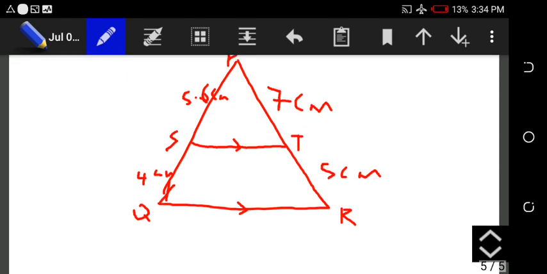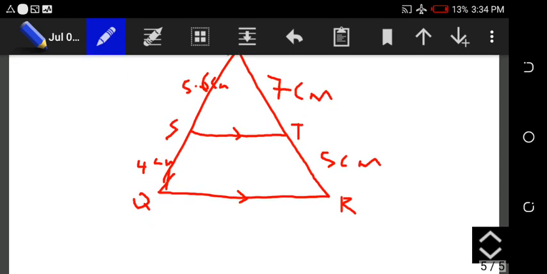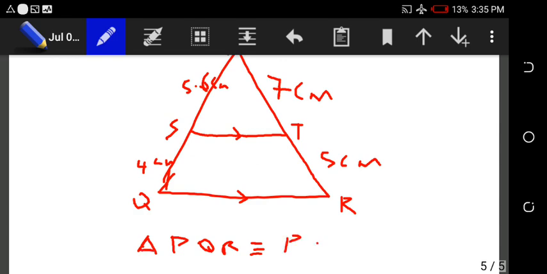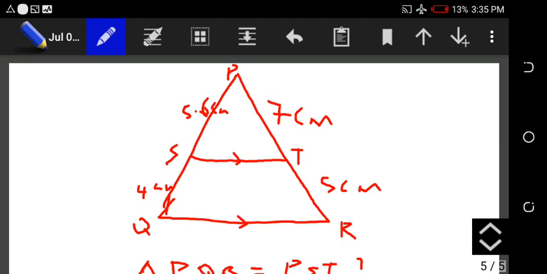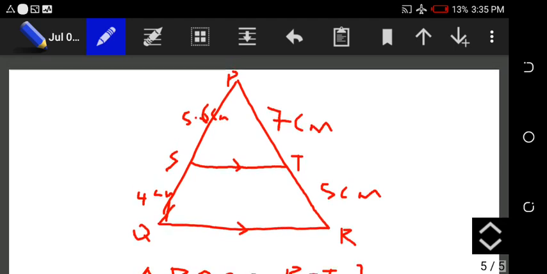So what I want you to find out is, is triangle PQR similar to triangle PST? So you have two triangles here, PST and PQR.